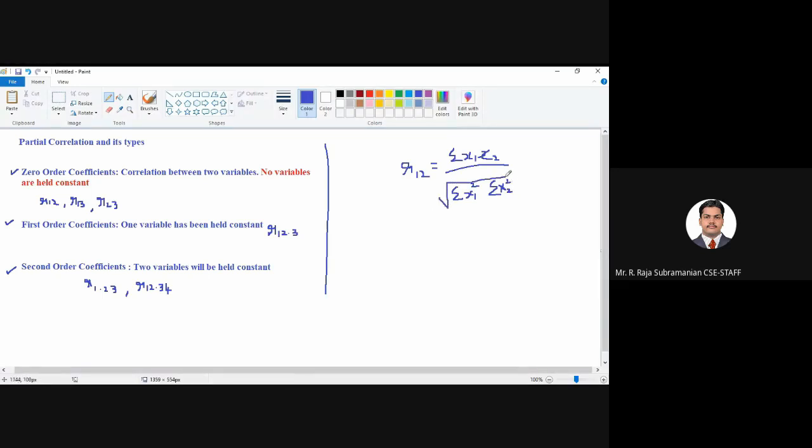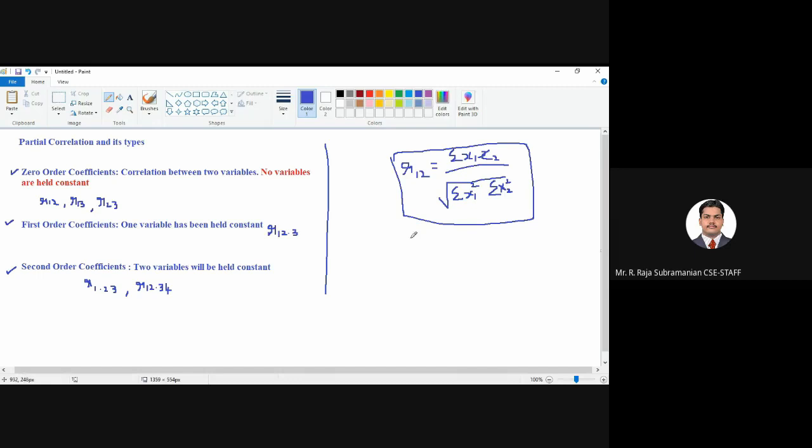Sometimes if I ask you to find R12, the summation of x1 x2, summation x1 squared, and summation x2 squared will be given, and then additional variable x3 also will be given. When I ask you to do R12 or R13 and so on, you have to be in a position to apply this formula and find the result.